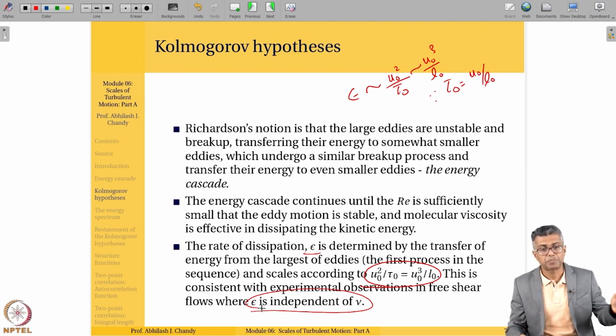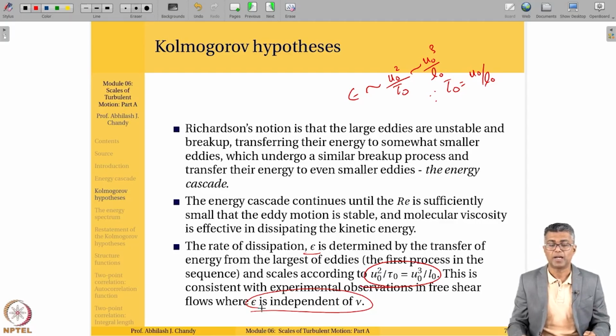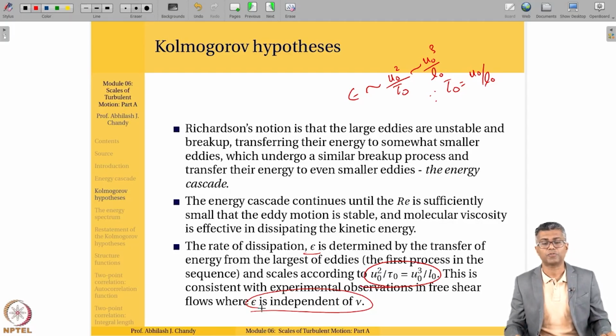So epsilon is determined by the rate at which energy is transferred. That is how we got u0 cubed over L0. And it turns out it is independent of viscosity. This is what is happening at the large scales, isn't it?